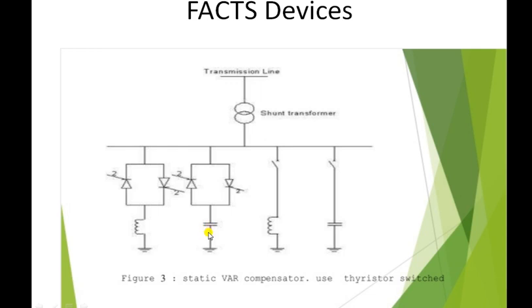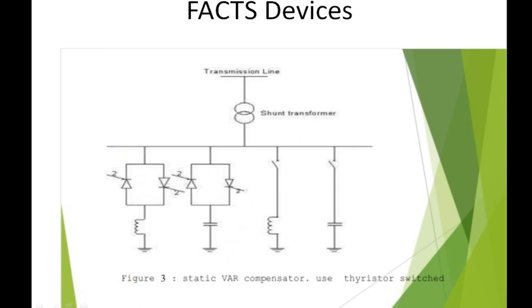Earlier we discussed that whenever the circuit is capacitive, the capacitor injects the reactive power Q into the circuit, and the inductor absorbs the excess reactive power from the circuit. So we use this inductor and capacitor in parallel with the transmission line, where we want control over voltage, by controlling them using these thyristor banks.